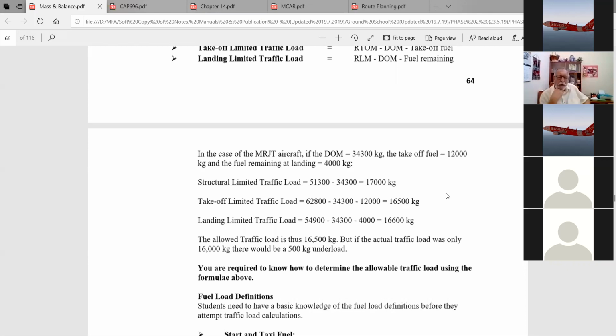Calculate your allowable traffic load, lowest of these three. Anyone got the answer? Is it 660?